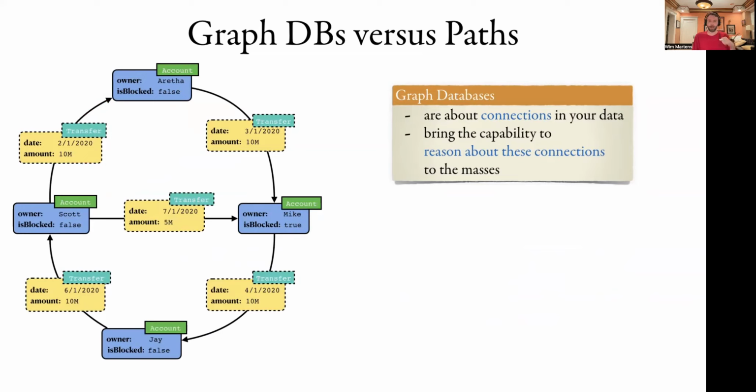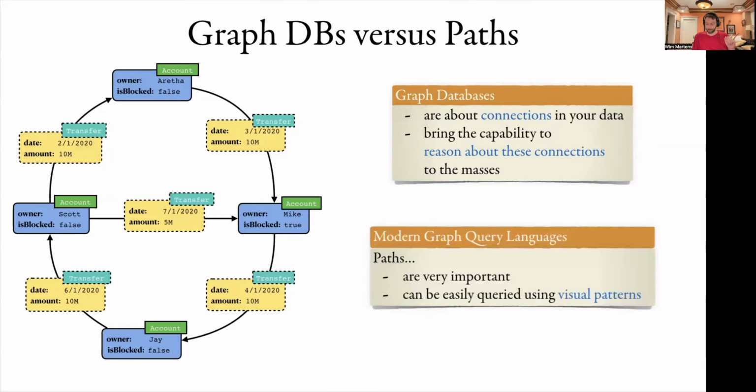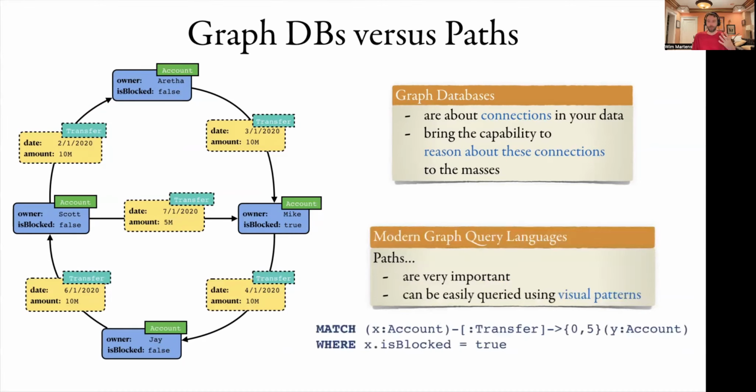So in a sense, they bring the capability of reasoning about these connections to the masses, essentially to anyone who can use a database. And this is why paths are very important in modern graph query languages, because paths are really the connections between points in your graph, right? And they are so central in the language that the language makes it really easy to query them.